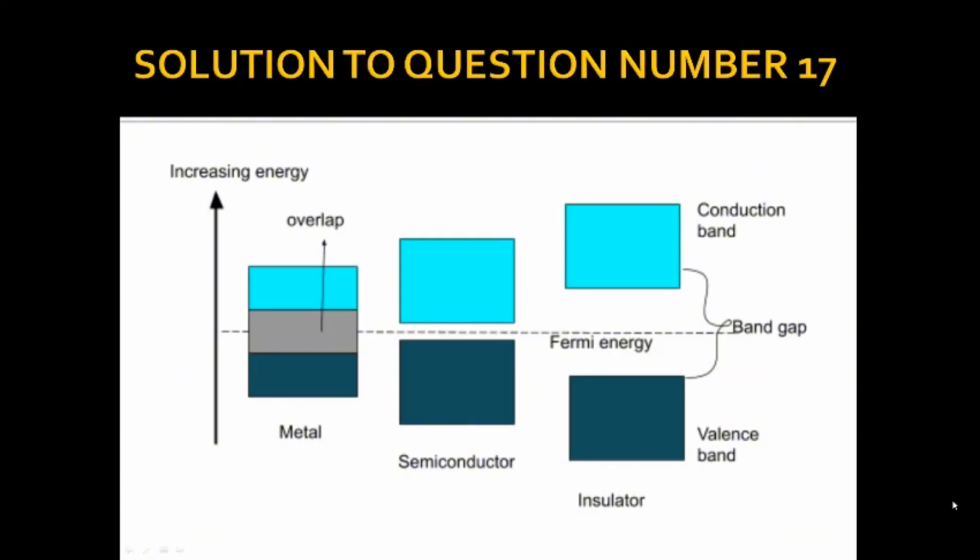Now, for insulators, you can see that the band gap is quite large, and even when electrons acquire energy, they cannot jump the band gap to get to the conduction band in order for it to conduct. So, in summary, conductors have no energy band gap. Semiconductors have a small energy band gap, while insulators have a large energy band gap.